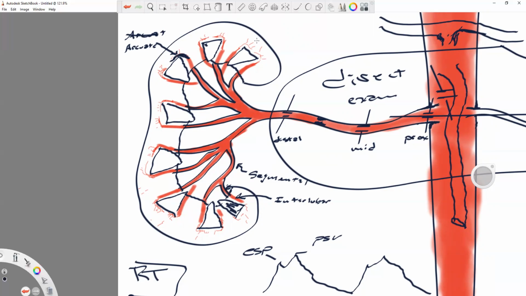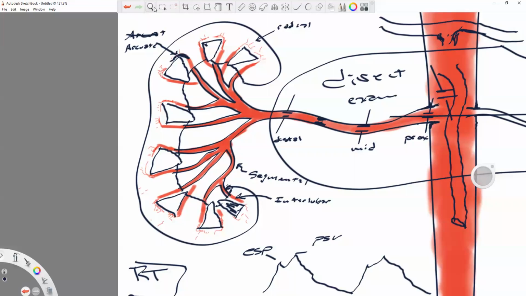And what do we call these guys? There's actually two names, interlobular, but that gets very confusing because you have interlobar down here. So I think most people, including myself, prefer radial, let me pause.